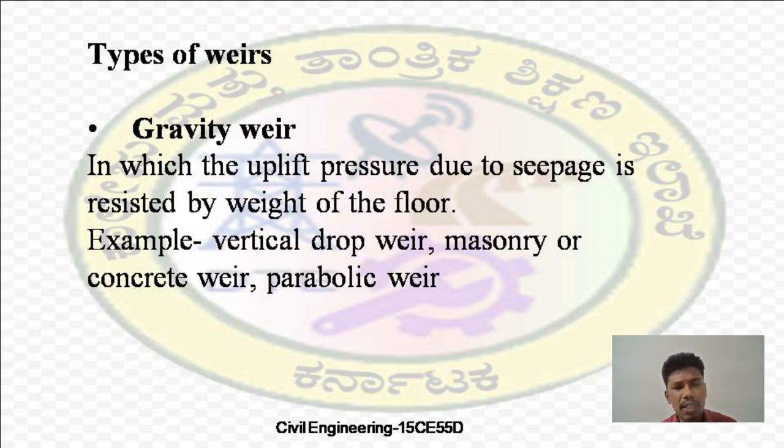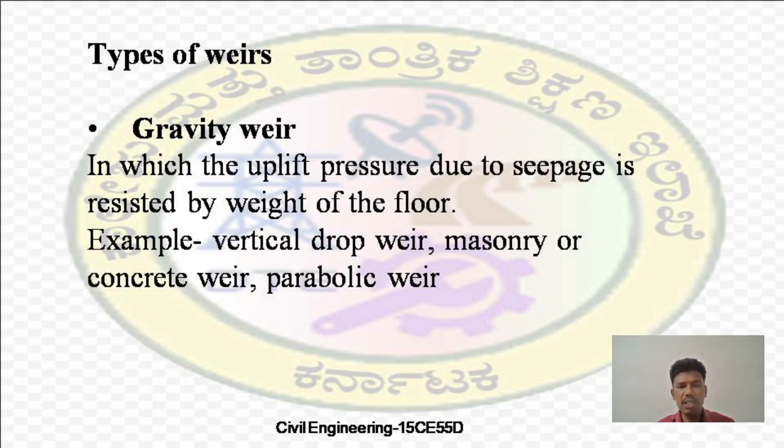Gravity weir is one in which the uplift pressure or seepage pressure is resisted by the weight of the structure, the weight of the floor.